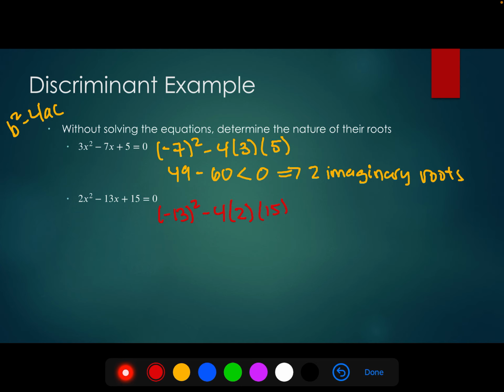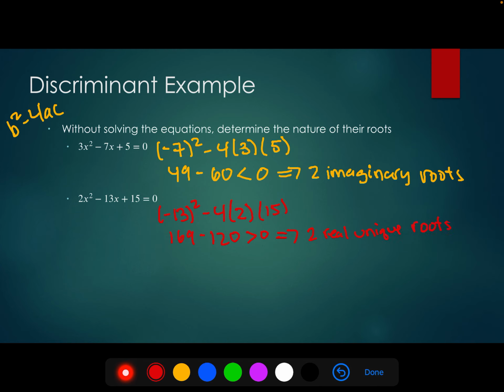And then we can go ahead and simplify. 13 squared gives us 169. And then 4 times 2 times 15 gives us 120. And from here, once again, we know that 169 minus 120 is going to be greater than 0. And when our discriminant is greater than 0, we have two real unique roots.